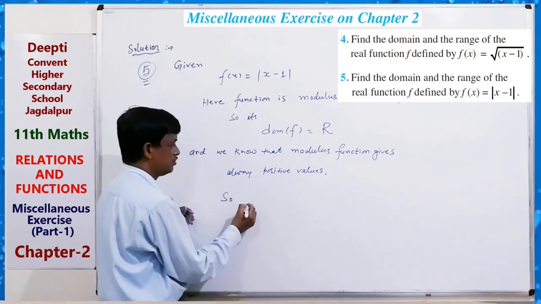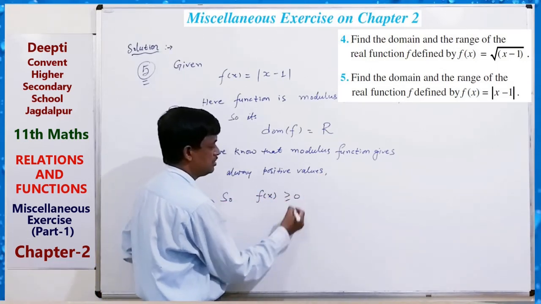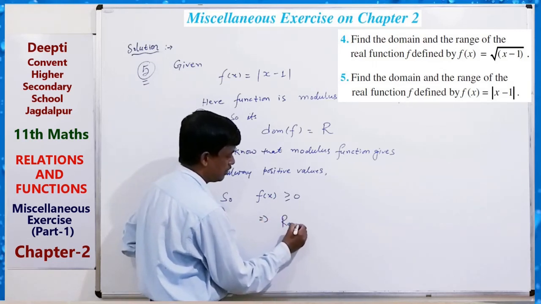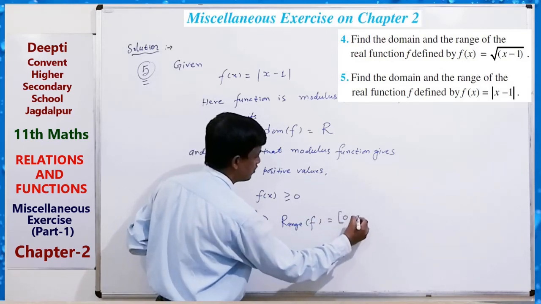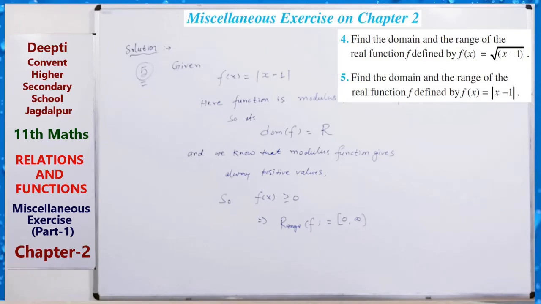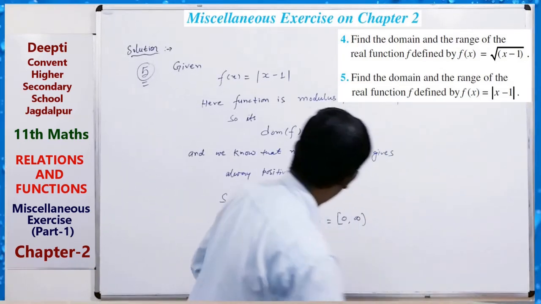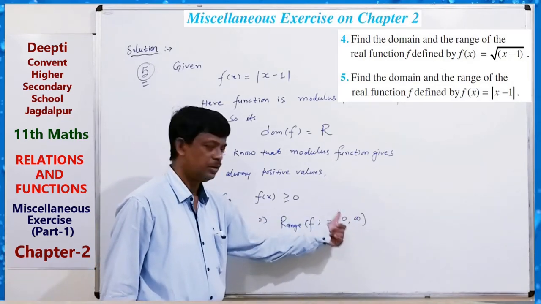So f(x) is greater than or equal to 0, implies the range of f is [0, infinity), including 0.